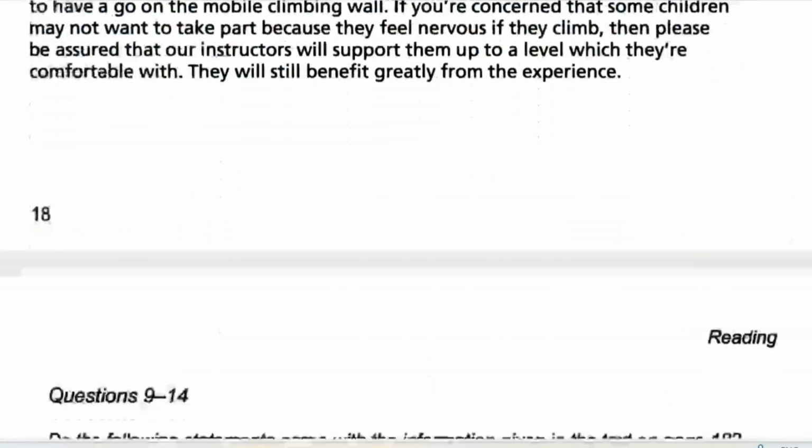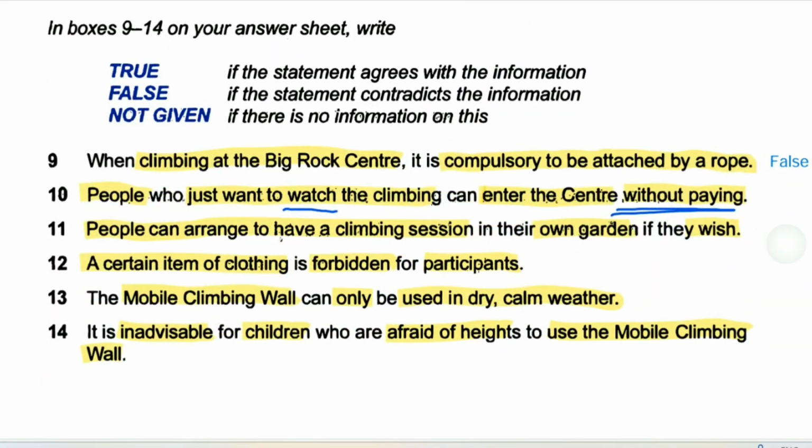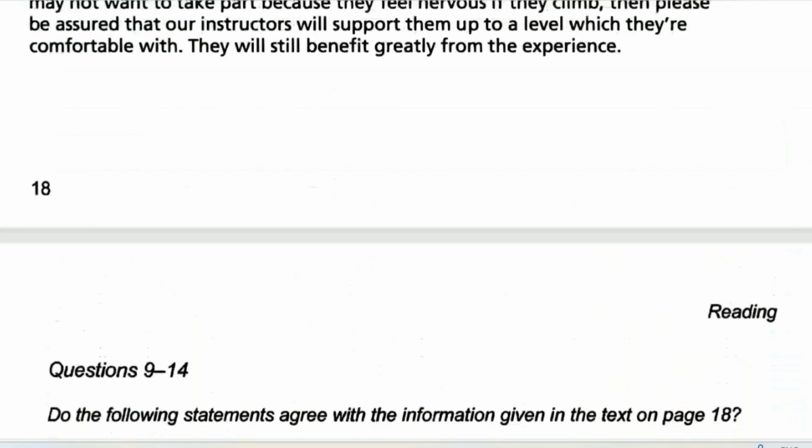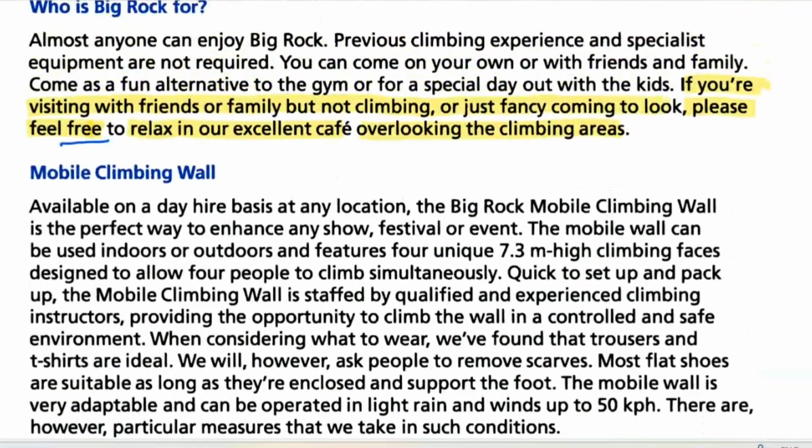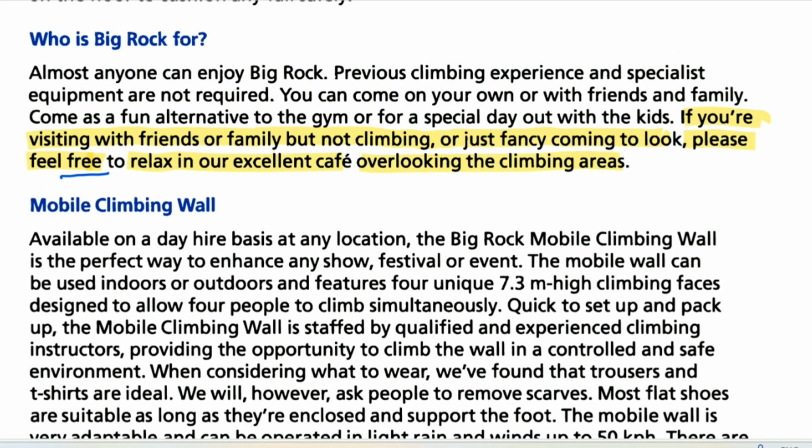What I'm trying to say is that in the question, the words without paying are referring to money. People who just want to watch the climbing can enter the center without paying any money. But the word free in that sentence is not referring to money, it is referring to without any restrictions. So words can have different meanings depending upon the context.